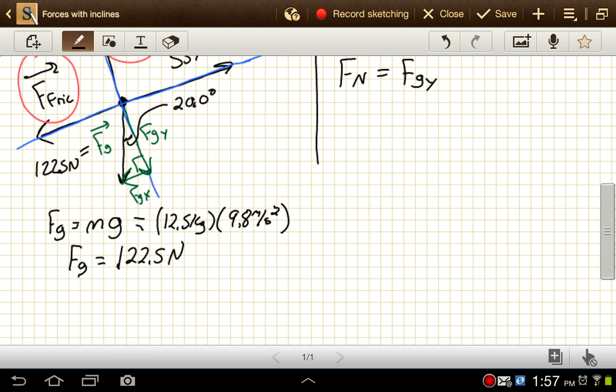So if I want the force of gravity in the y direction, I need to do the force of gravity, the overall, that's the hypotenuse of this triangle, times the cosine of 20.0 degrees. So 122.5 times the cosine of 20 degrees.